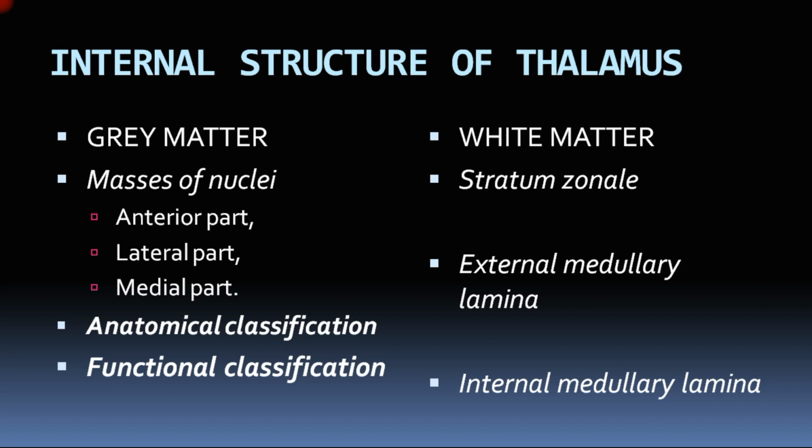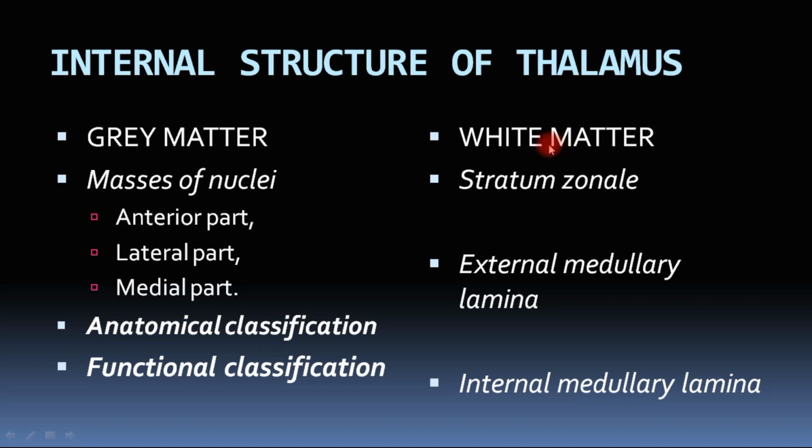And these nuclei can be classified anatomically and functionally. So we will look at the anatomical classification and the functional classification of the nuclei of the thalamus. Then we'll come to the white matter.